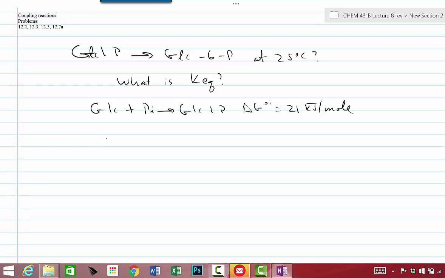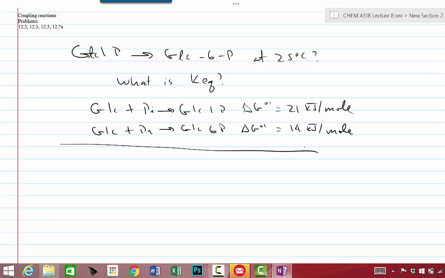And we also have glucose plus inorganic phosphate going to glucose 6-phosphate, and the delta G under standard conditions is equal to 14 kilojoules per mole.